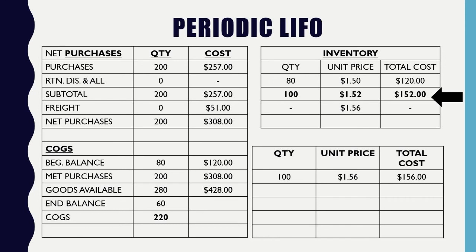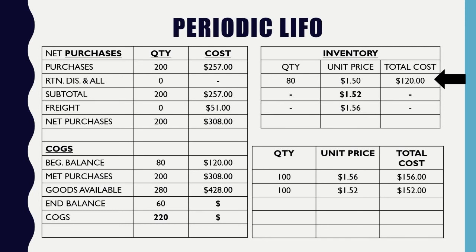So I move up the line and see how many more I need to keep selling. In this case, my next batch of 100 is going to be gone completely because I have to sell 120 units. So therefore, that's what I've got to calculate, okay? Now I need to sell a total of 20 units. Well, I only have 1 batch of inventory left. How much is it going to cost me per item? I'm not taking all 80 units.